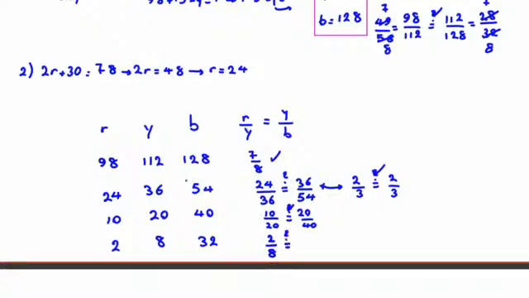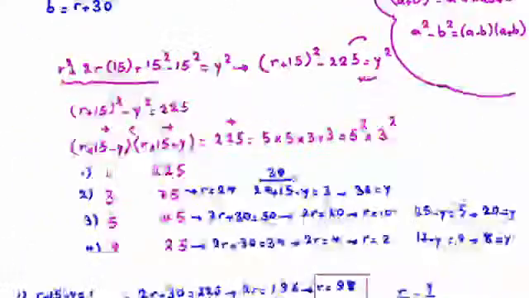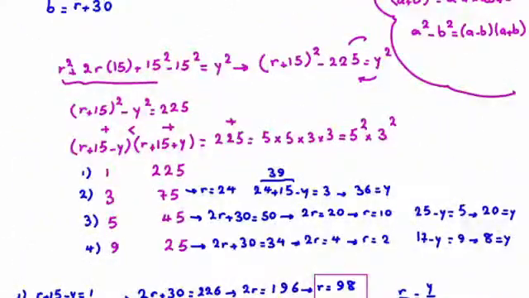Is it equal to Y over B, 8 over 32? Both of them will be 1 over 4, which is correct. Okay. So all possible values for R are 2, 10, 24, 98, and we've checked all of them are correct. Okay. So we solve this problem completely by using subtraction of two perfect squares, writing like this.